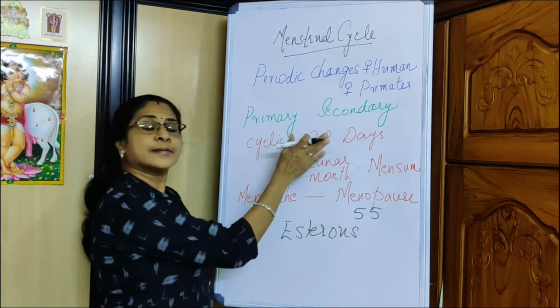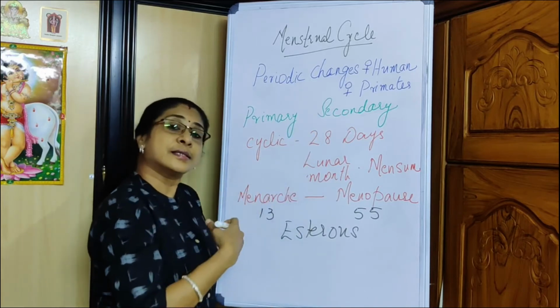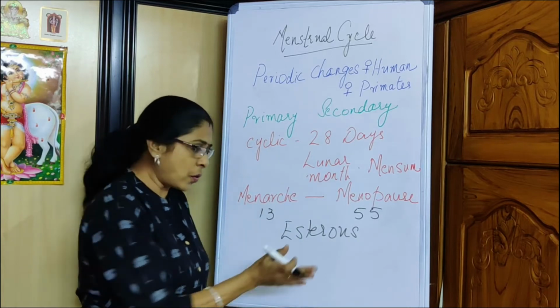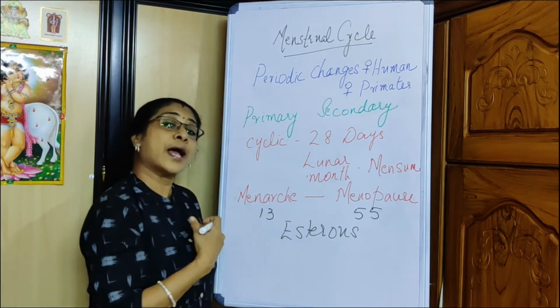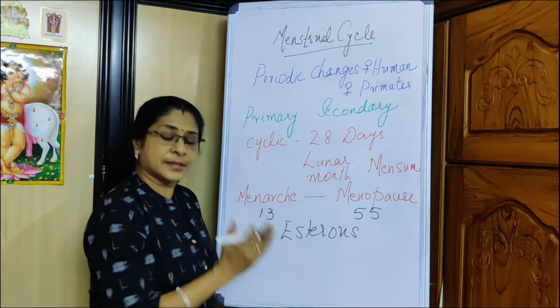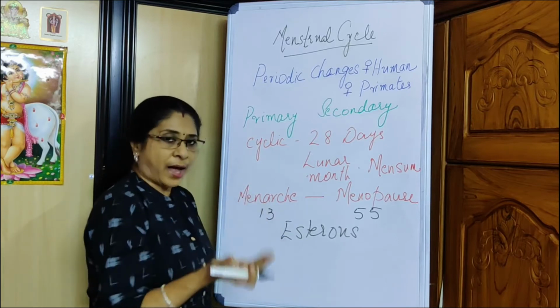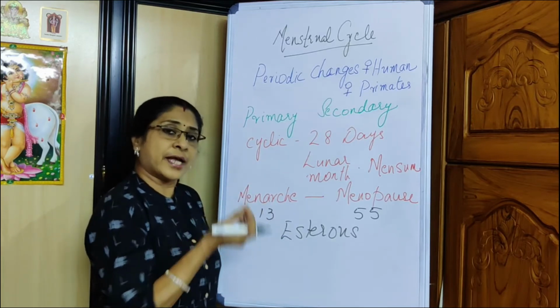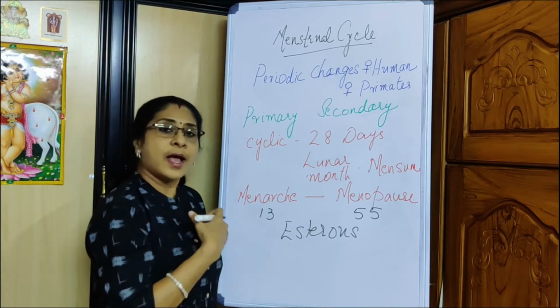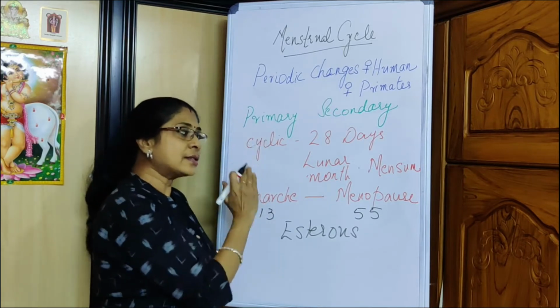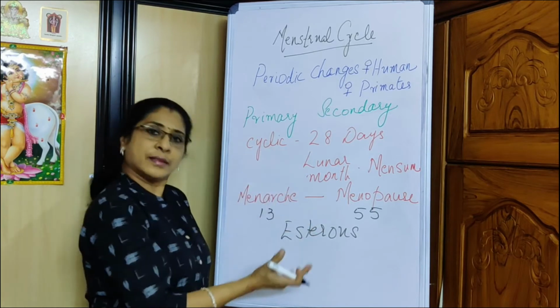In the case of the menstrual cycle, it is discharged out as menstrual flow, but in the estrous cycle, which happens in non-primates, it is absorbed back. That is, the uterine epithelial endometrium is absorbed back and it is not discharged. So that is the basic difference between the two.